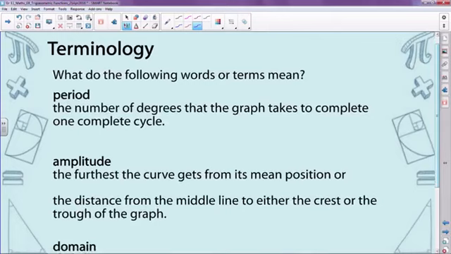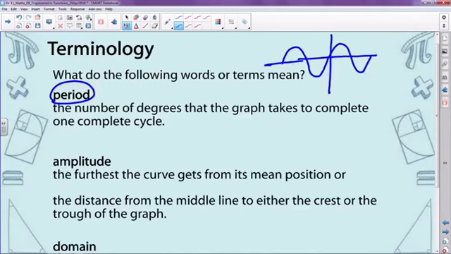Now, with the terminology, going back to, first of all, your period. The period is the number of degrees that the graph takes to complete one cycle. Remember when you were in grade 10, you had a graph that looks like this.